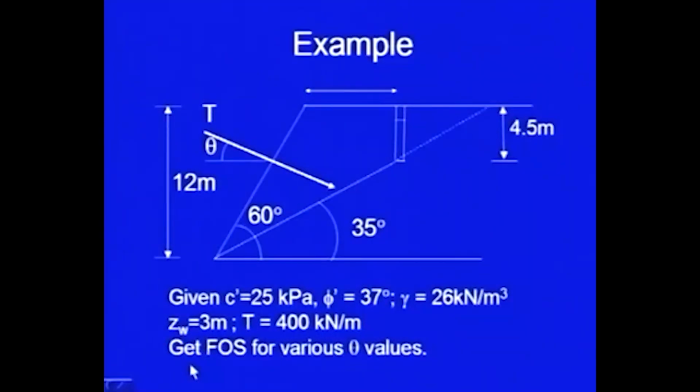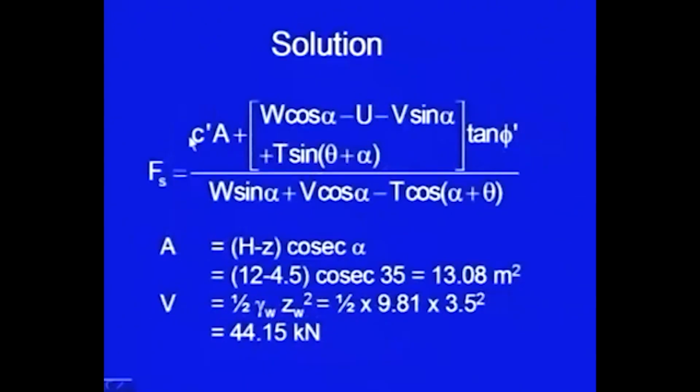Now, we have to find the factor of safety for various values of theta. Theta is the inclination of the anchor with the horizontal. So, the factor of safety expression is c dash A. It includes the area of the joint plane, the sliding surface where the sliding is taking place, and also we have to find the weight of the wedge and the water pressure in horizontal on the plane and also in the tension crack.